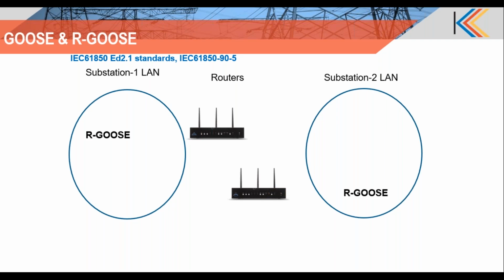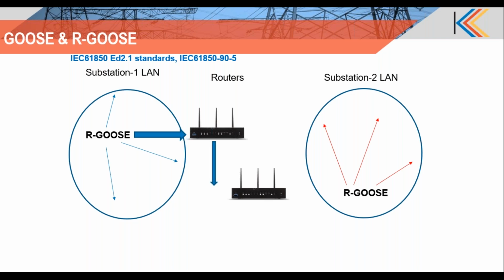And that is provided by a new service called R-GOOSE. R-GOOSE is actually defined in your IEC 61850-90-5, that is your technical report. So R-GOOSE is basically the same Goose message that is added as payload into a UDP packet, so that the UDP has sufficient information which will take it all the way to the subscriber.